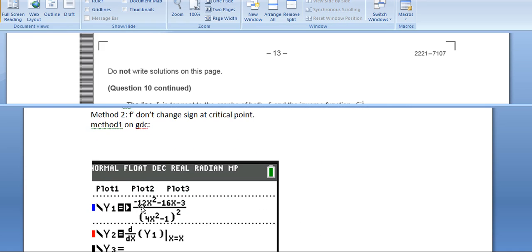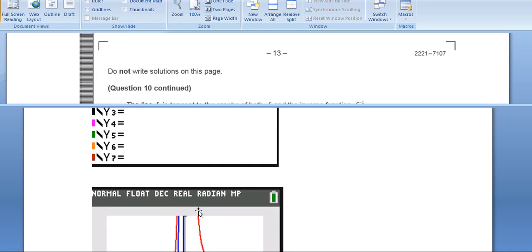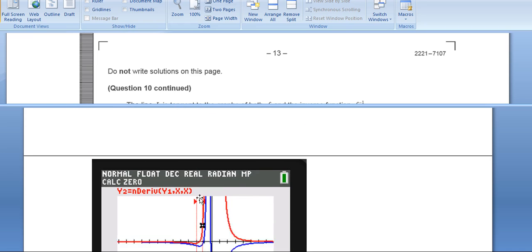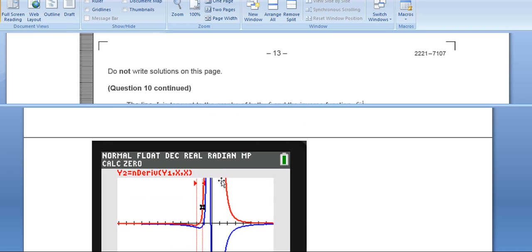I write the function, then I write it as a differential, and I found the point where this happens.